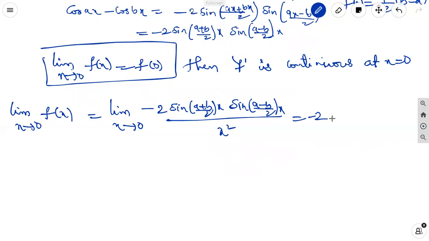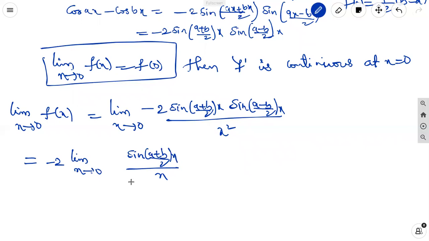Minus 2 right outside, limit x tends to 0 of sin of (a plus b) by 2 of x by x. But what about the x coefficient? That comes in the denominator.